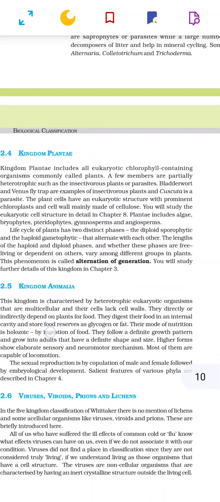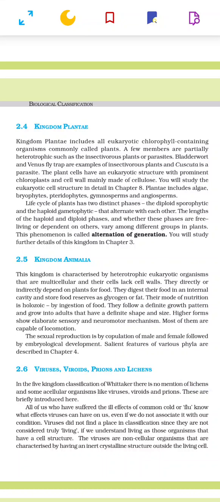2.5. Kingdom Animalia. The kingdom is characterized by heterotrophic eukaryotic organisms that are multicellular and their cells lack a cell wall. They directly or indirectly depend on the plants for food. They digest their food in an internal cavity and store food reserves as glycogen or fat. Their mode of nutrition is holozoic.